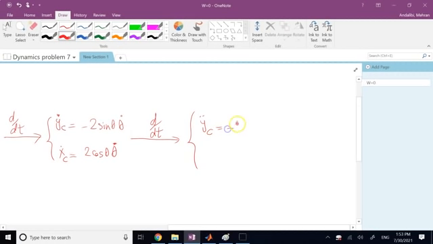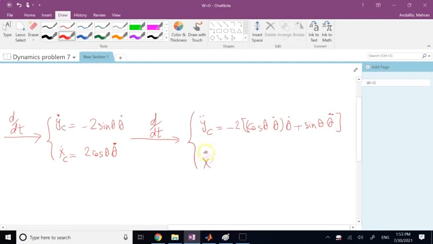Then you will get your y double dot of c to be what? Here, if you keep the negative 2 out, you have 2 variable terms, so it's going to be cosine theta times theta dot, which is the derivative of the first term, then multiplied by theta dot, right? So it's derivative of the first one times the second one plus first one times the derivative of the second one, which is theta double dot.